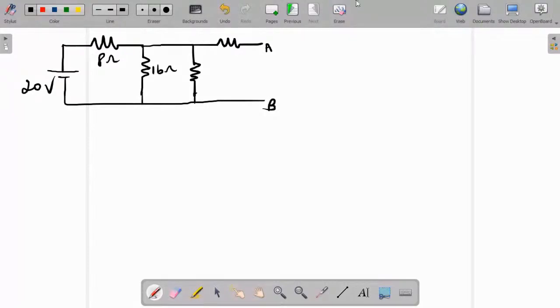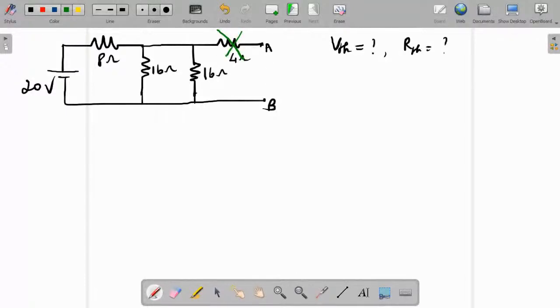When Thevenin's equivalent is asked, we have to find both V Thevenin and R Thevenin. V Thevenin is nothing but the open circuit voltage. For open circuit voltage we have to open the load. The AB terminals are already given open. Now in an open circuit, can we neglect this 4 ohm?